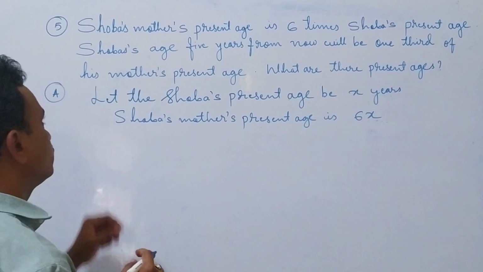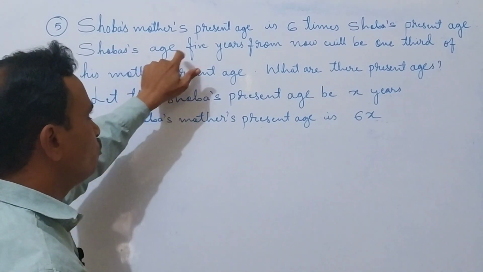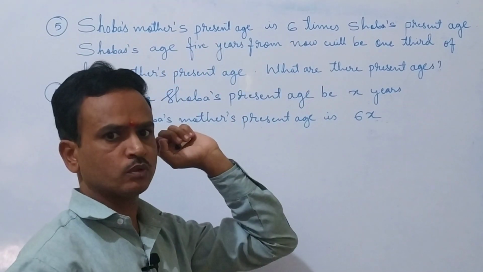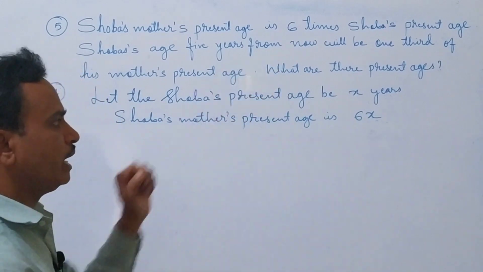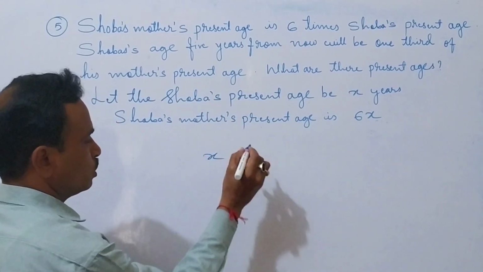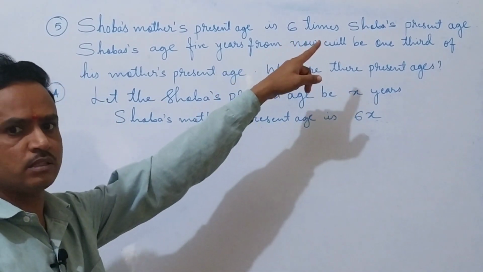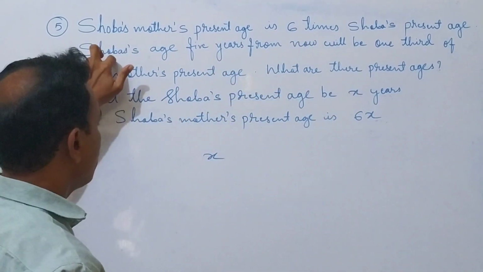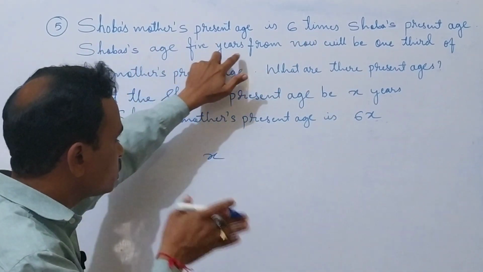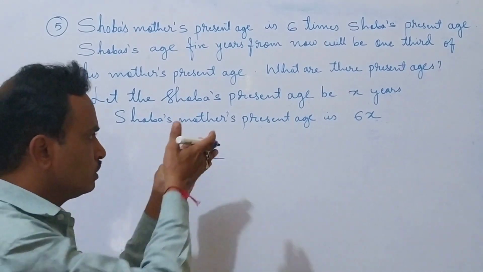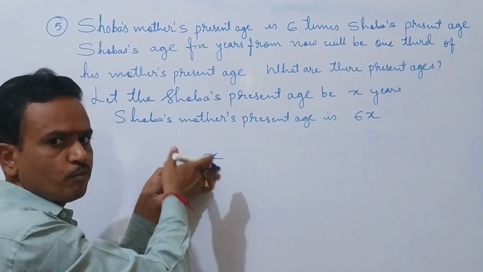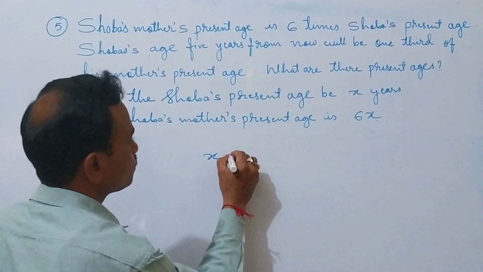The next point: Shobha's age 5 years from now. What is Shobha's age? X years. Shobha's age 5 years from now, from present age X, from now means plus 5.